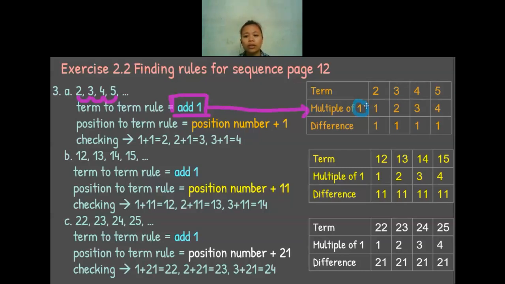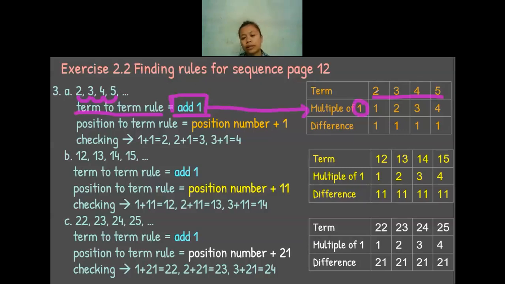At question 3, same, we have to make the table. The first thing we have to do is find the term-to-term rule first. After we find the term-to-term rule, we make the table. The terms here, 2, 3, 4, 5, come from the question given. For question 3A, the sequence is 2, 3, 4, 5, and so on.